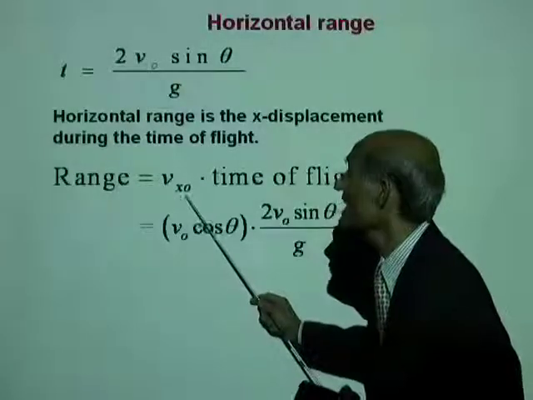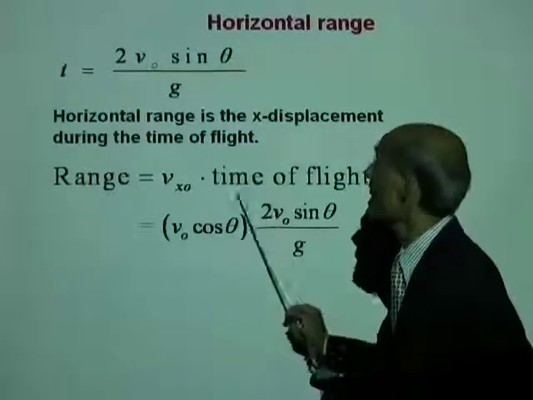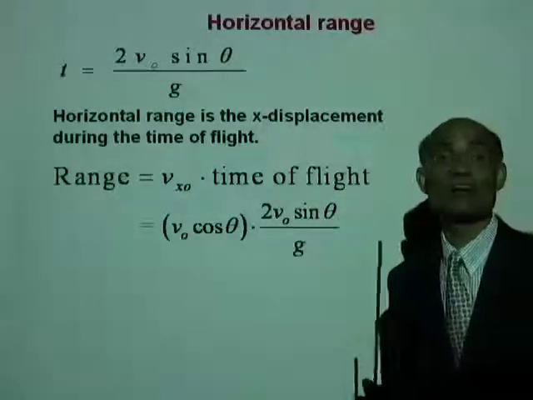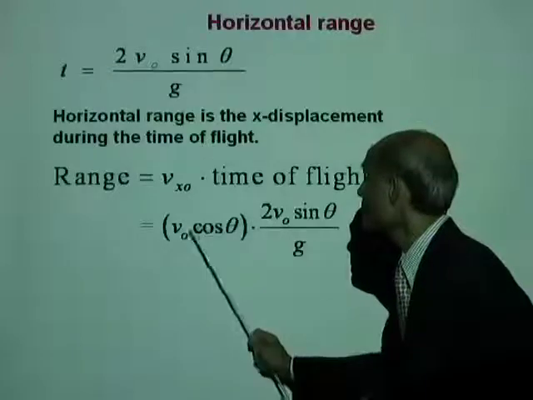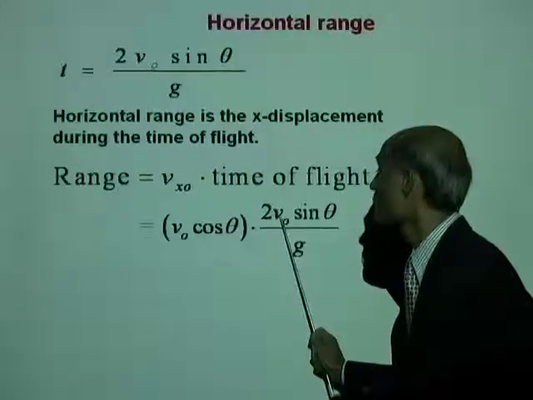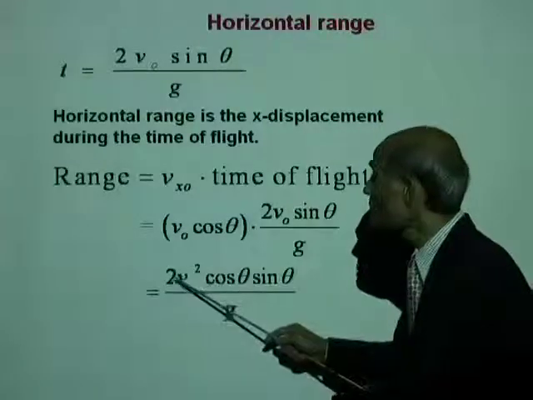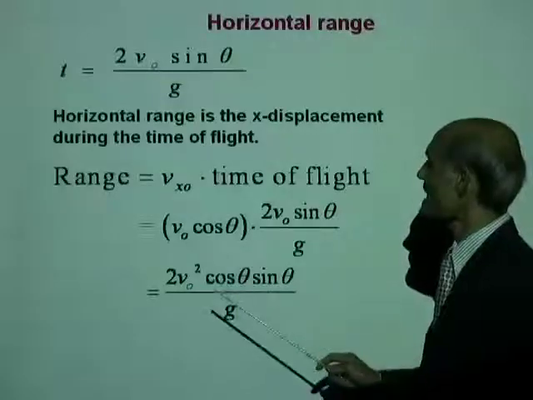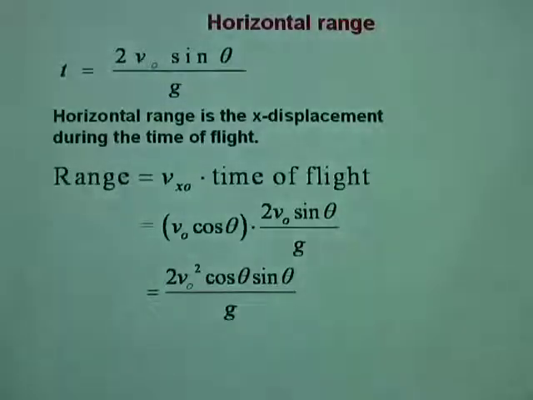So this vx0 is V0 cos theta, and the time of flight is 2 V0 sine theta over g. Alright, simplify this. V0 times V0 is V0 squared. So that will be 2 V0 squared cos theta sine theta over g. Alright, let me ask you this.